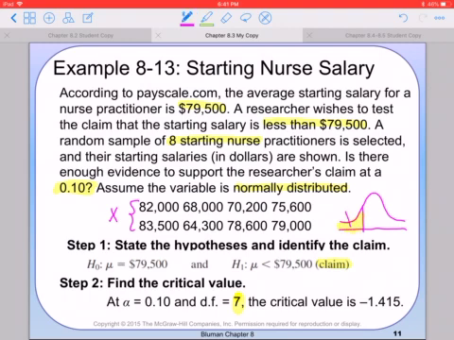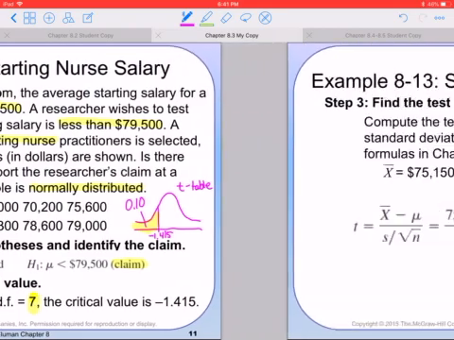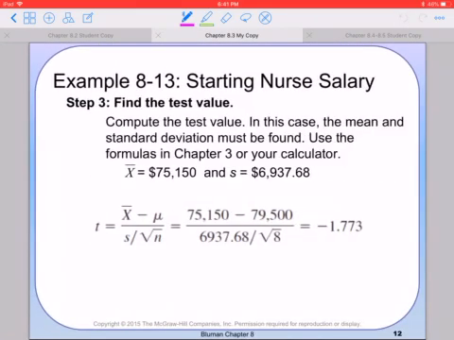The area is 0.10, and we look that up in the t-table. The critical value that the table tells you is negative 1.415.